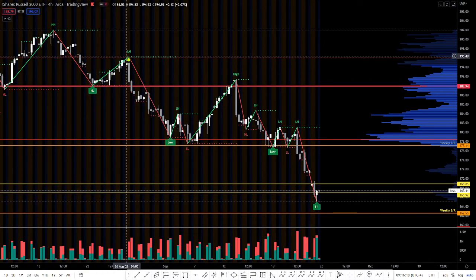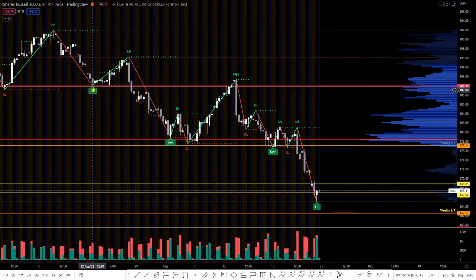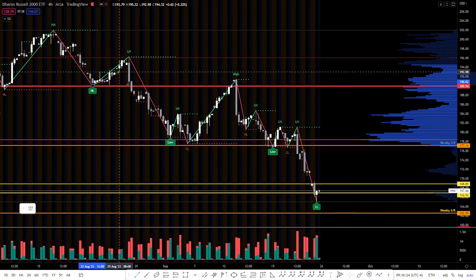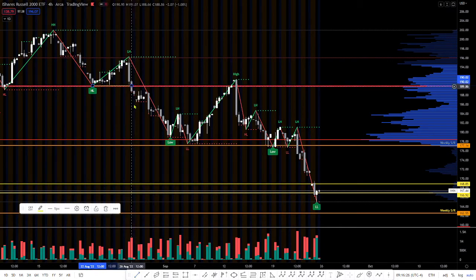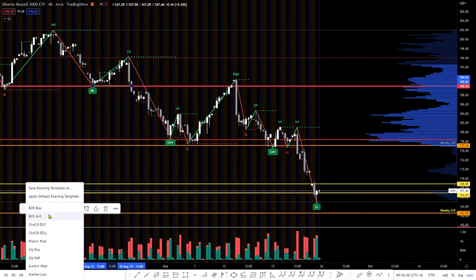Now we get a lower high, and as soon as we break below the previous low, we've established a break of structure. So your break of structure occurs when you get a low, and you get a break of that structure. So this would be your break of structure to your side.